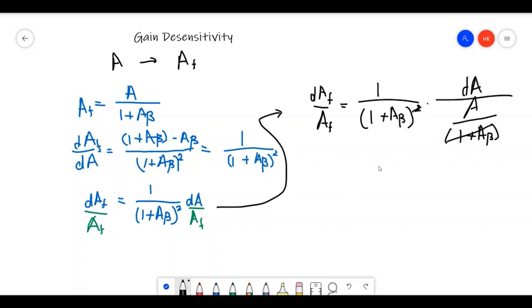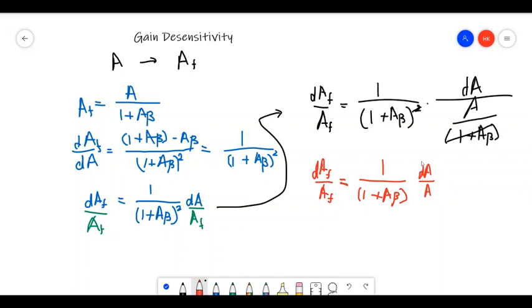So if I simplify this, what I get is dAf over Af, which is like a fractional change of Af, or the percentage change in Af if I multiply this by 100, is equal to 1 over 1 plus A beta times dA over A. So dA over A means the percentage change in A, and dAf over Af is the percentage change in the closed loop gain.